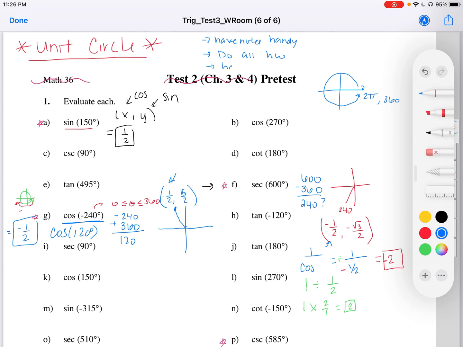And for sure, have a unit circle handy. Now, if we weren't online, I wouldn't be providing a unit circle because I would be testing you every day so that you would memorize it. But there's no way for me to really truly enforce that since we're online. So have your unit circle out. That's something that will make this test much easier for sure.